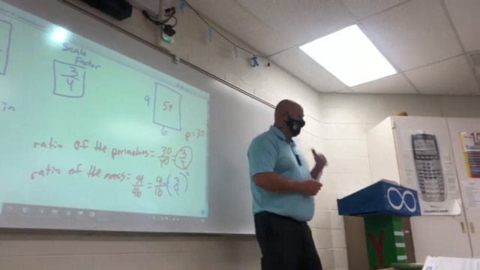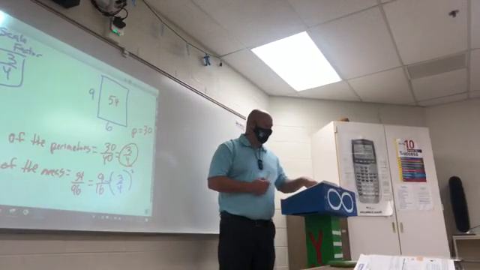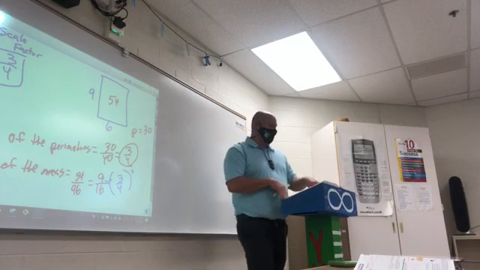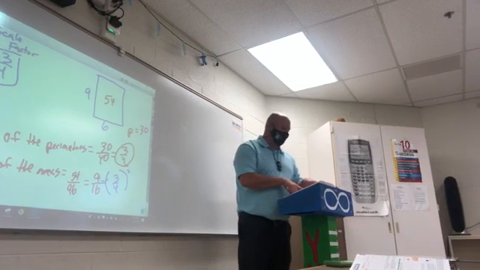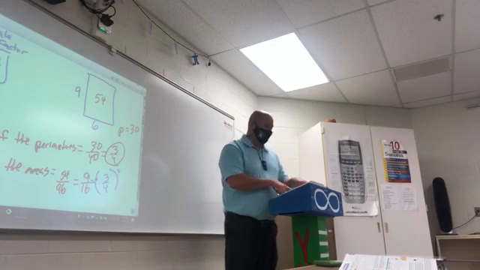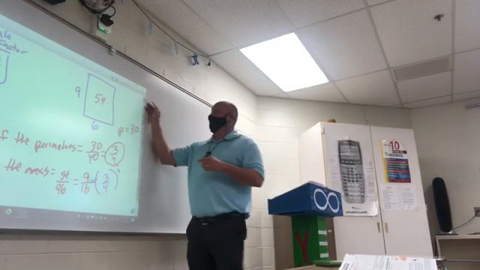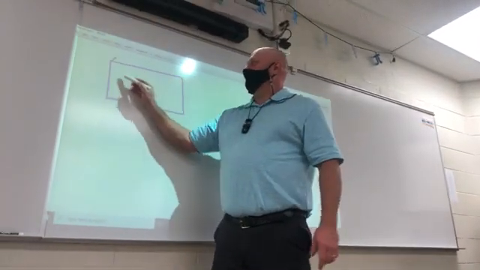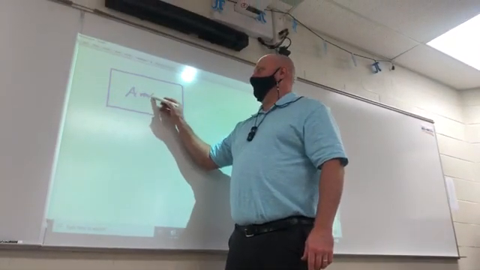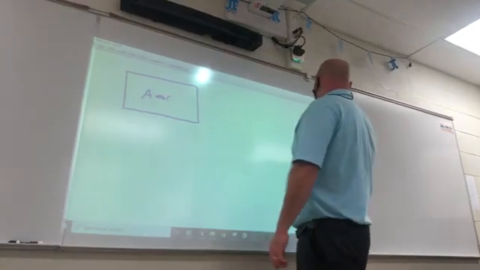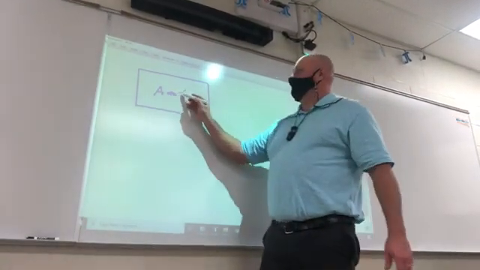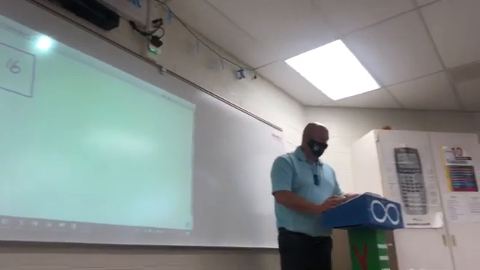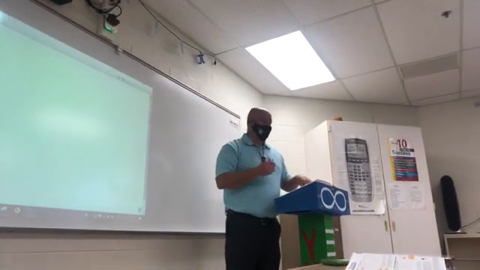So, I want you guys to look at number 12. It says a rectangle has an area of 16. Okay? Do I know how big the sides are? All I know is the area is equal to what? 16, right? I don't know the side lengths, right?